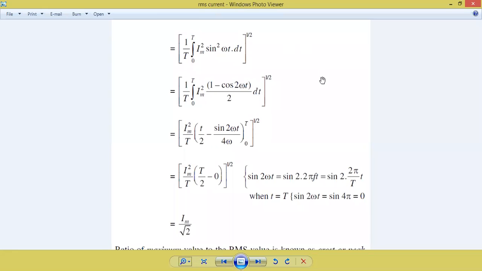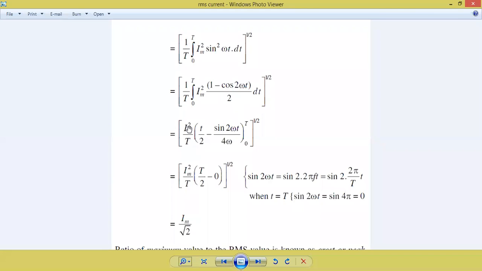So I repeat once again for this one. What is the formula for sine square omega t? (1 minus cos 2 omega t) by 2. So bring I square m outside and apply integration separately for 1 by 2 dt and cos 2 omega t by 2 dt.